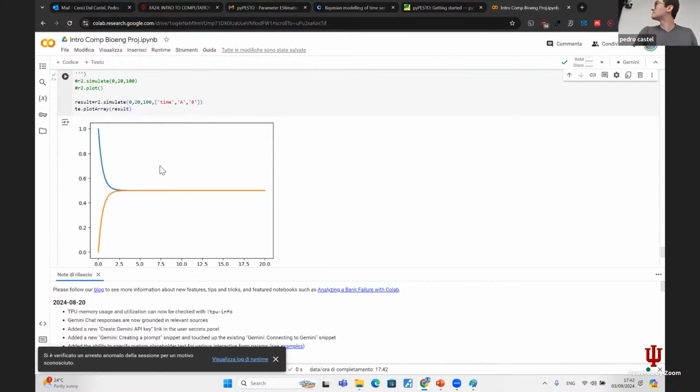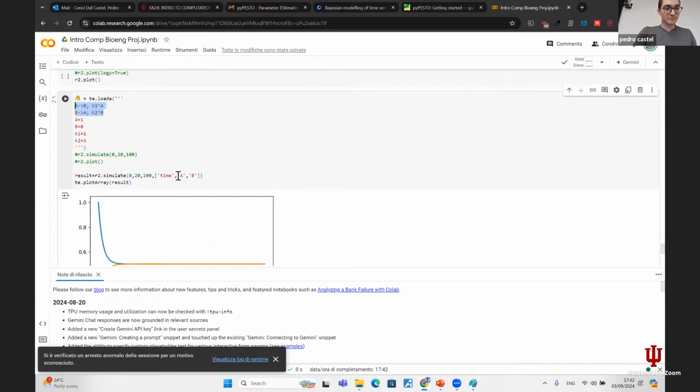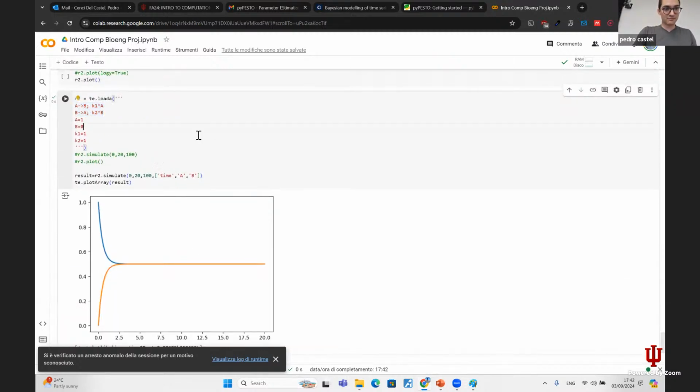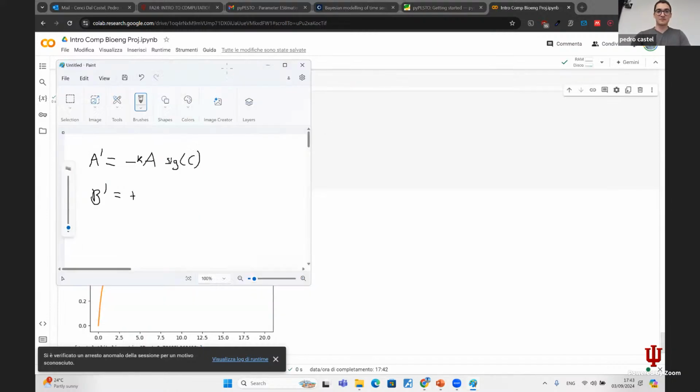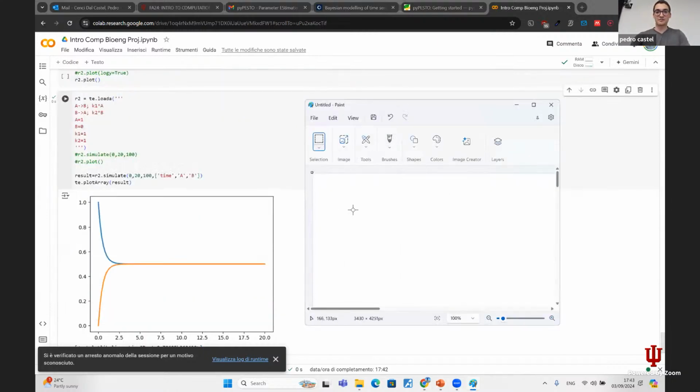Does it make sense? I'm basically trying to do this guy here. A goes to B, B goes back to A. Does this result make sense?